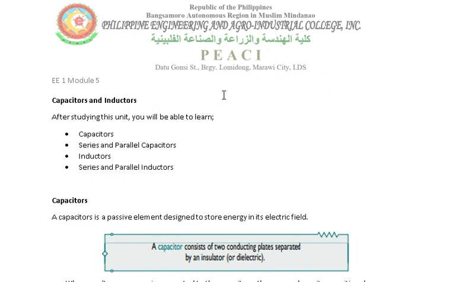So today we will be discussing the week 7 and week 8 topics, which is the capacitor and inductor. These would be the preliminary topics concerned with the capacitor and inductors, which were supposedly to be used in our discussion last meeting.